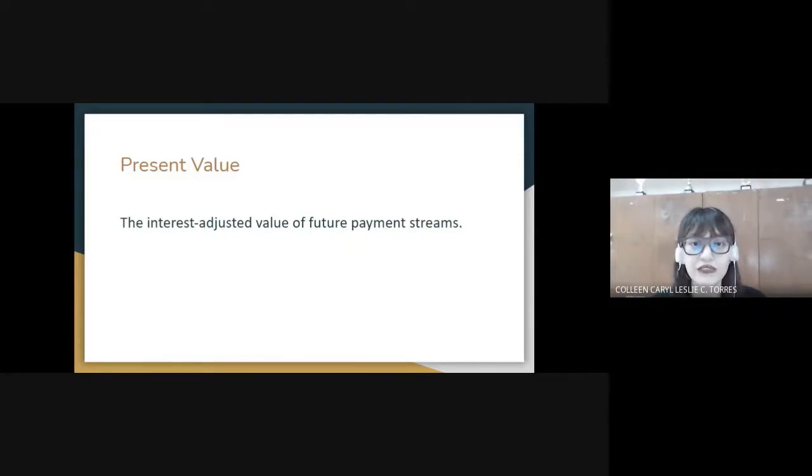So let's divide 5,000 by 12 because there are 12 months in a year. So that is 416 pesos. That means the client would have to pay 416 pesos plus interest per month. I think the interest rate is actually very big if we put 8% for just 5,000 pesos.